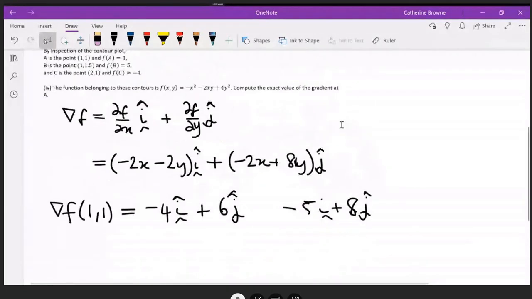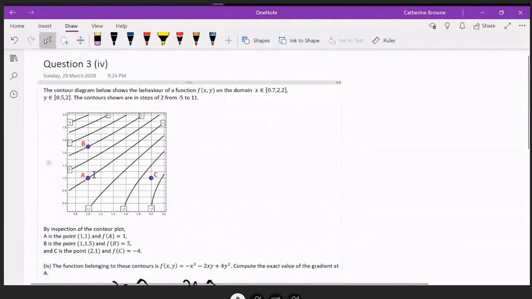I think that's because the contours are more spread out and changing less in this direction compared to this direction.